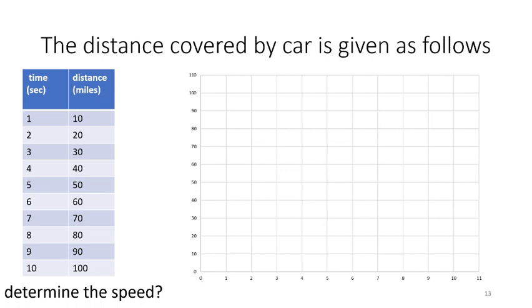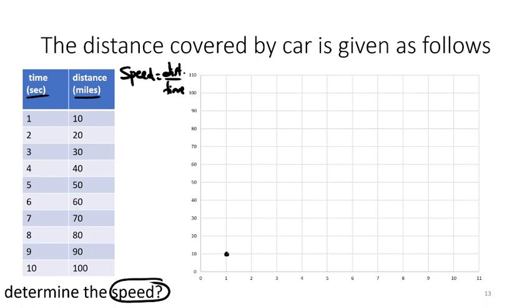And then here the question says that the distance covered by the car is given. This is the distance in miles and this is the time in seconds. The question says to determine the speed. As you know from physics, the speed is distance divided by time. Let's write the given values.